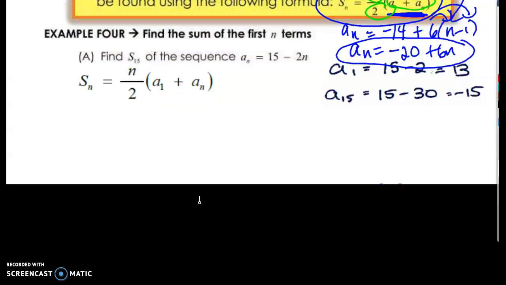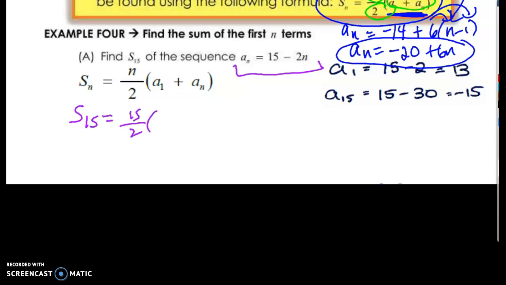And here we go. All right, so for the first one, we're asked to find the sum of the first 15 terms of this sequence, and they've given us a formula here. So we go ahead and use our summation formula, which I have written down right here. We're going to plug in 15 for n, so s sub 15 equals 15 over 2.